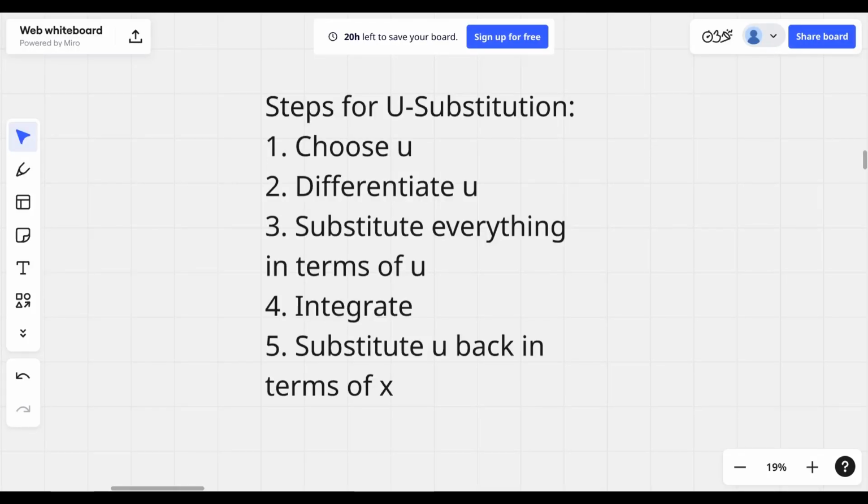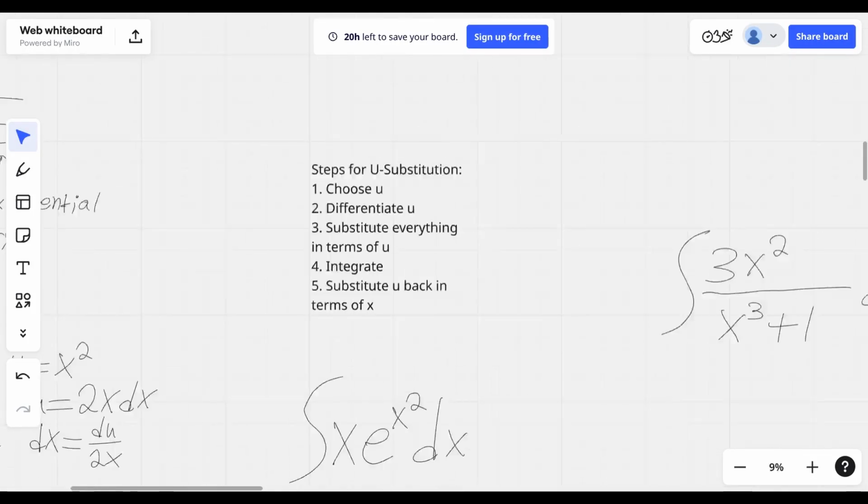And then you differentiate U, take the derivative of it, and then you substitute everything in terms of U in your function, and then integrate, and then substitute U back in terms of x. That's very important. So it's all about choosing the right u, usually the inner function of a chain, and making sure the rest of the expression fits with its derivative.